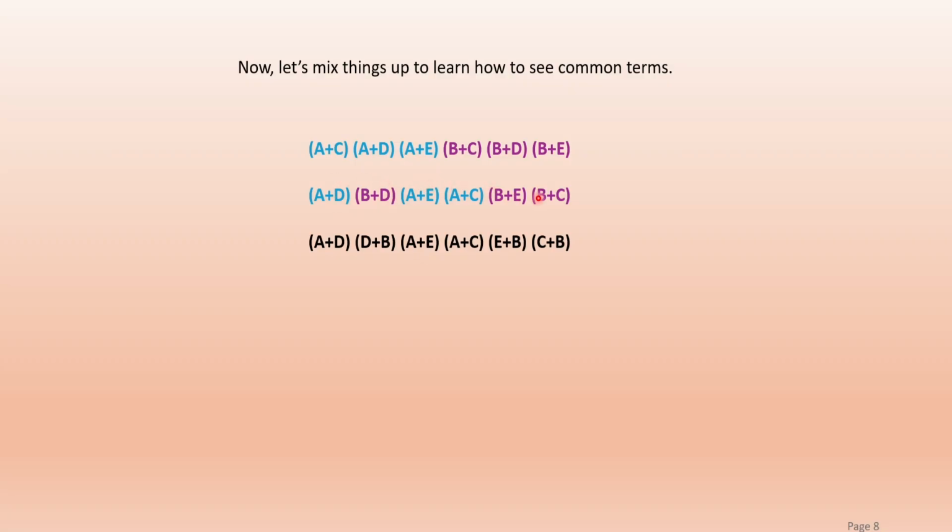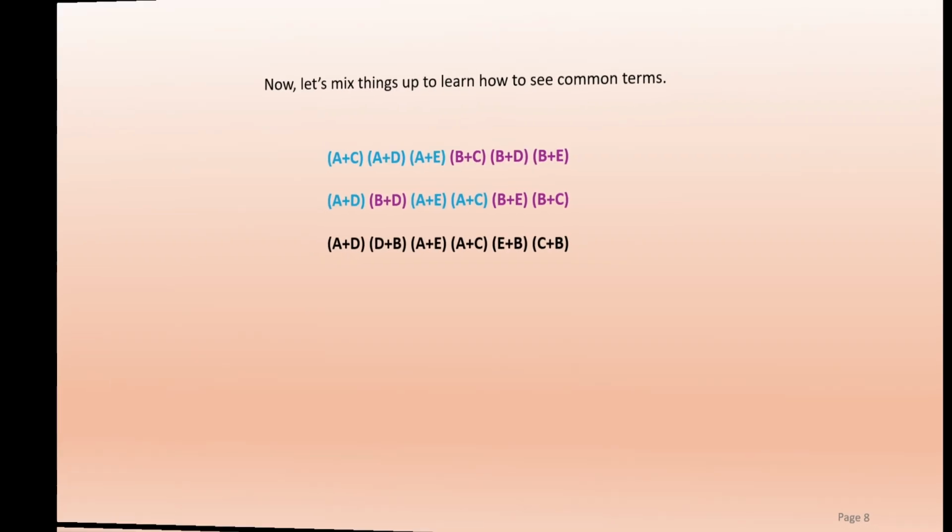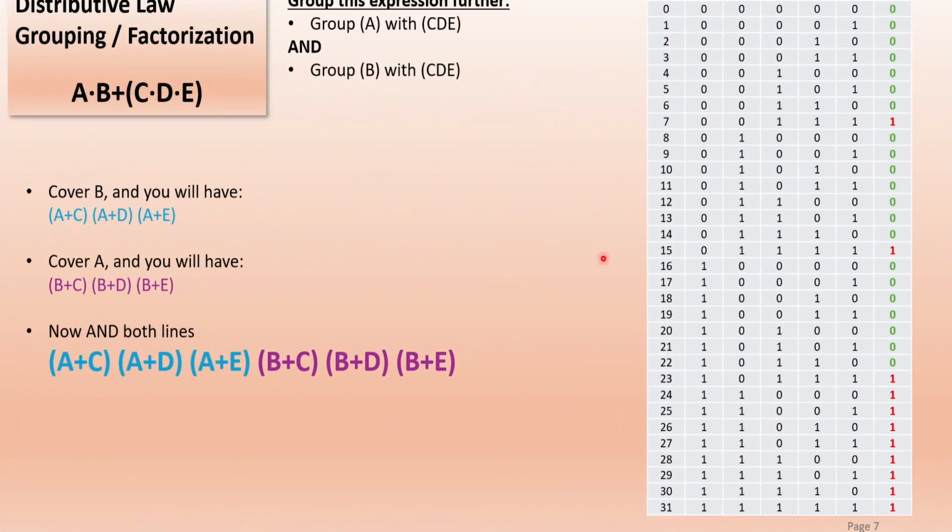Plus I reversed some of those B and C. So C or B is the same thing as B or C. So then you can end up with this right here. And at first, it might look like a bunch of mess, but is there something that we could do with this? Because it's the same expression, we're going to try to bring it back into this form right here.